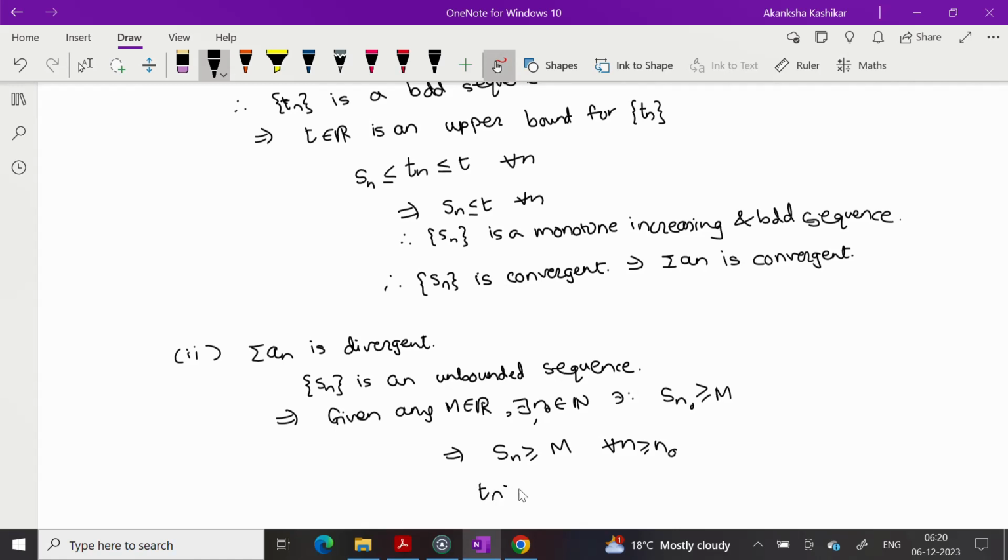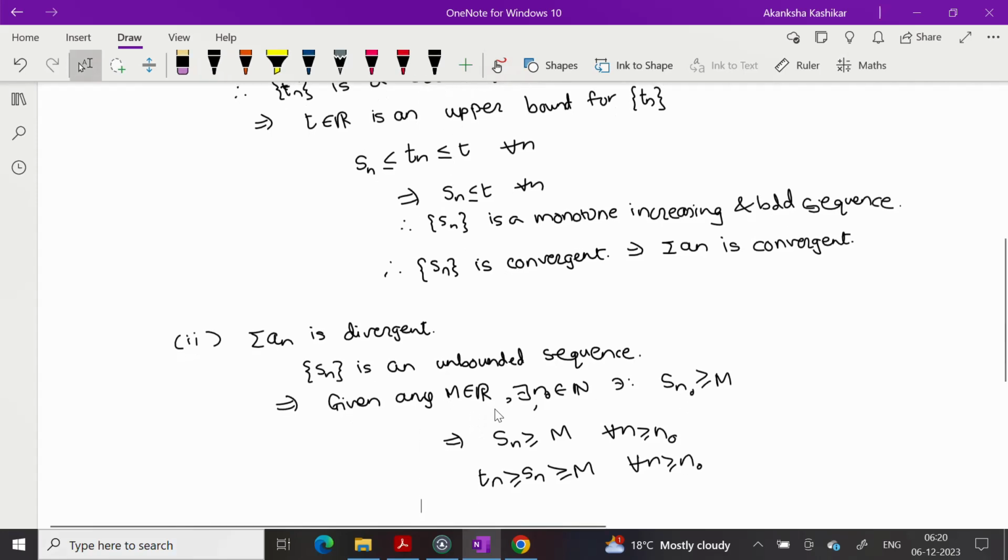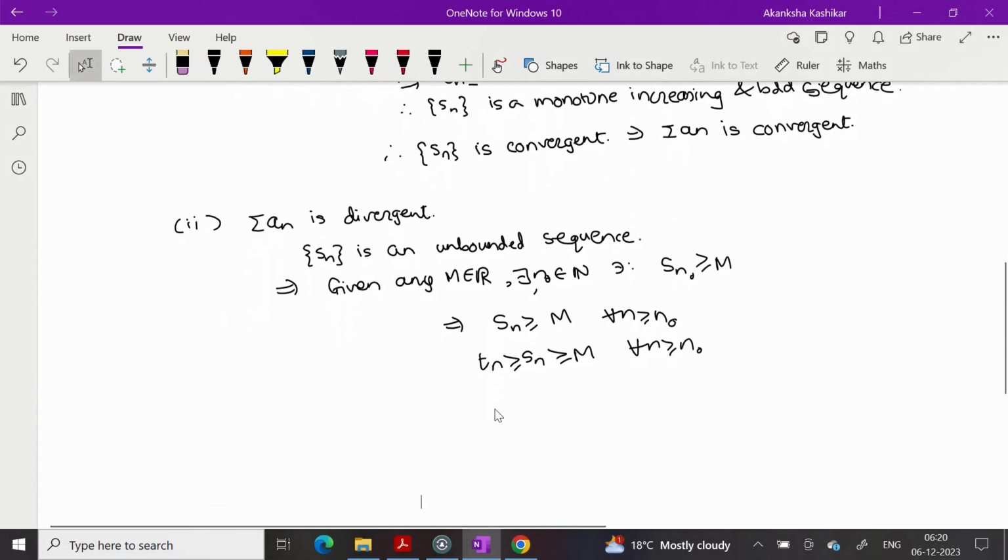So Tn will be larger than or equal to Sn, which will be larger than or equal to m for every n greater than or equal to n naught. We are saying that for every m this happens, meaning given any m we will always find infinitely many points beyond that m. Thus Tn is a divergent sequence.